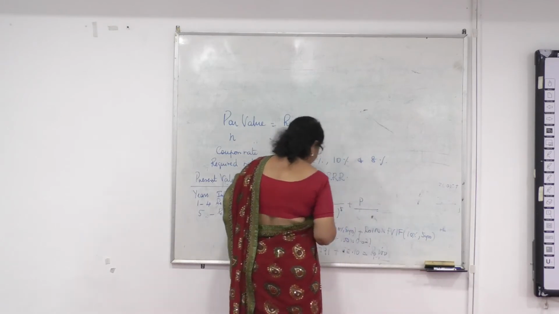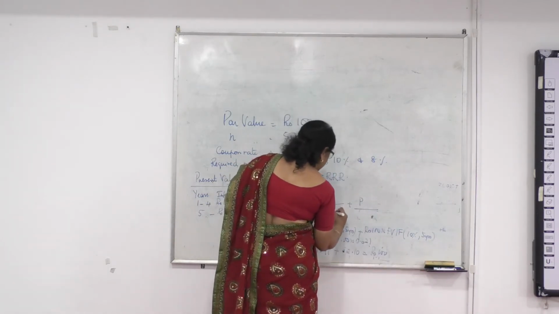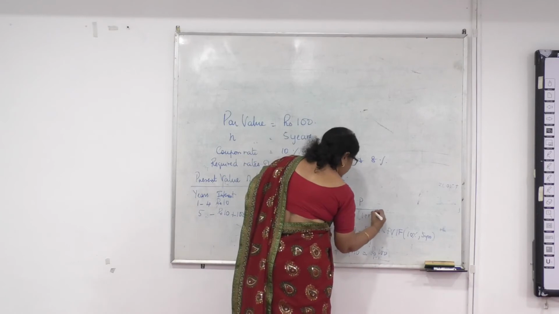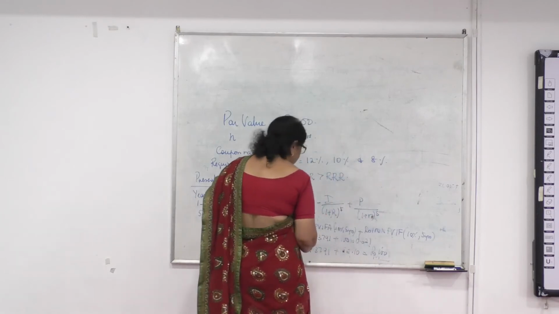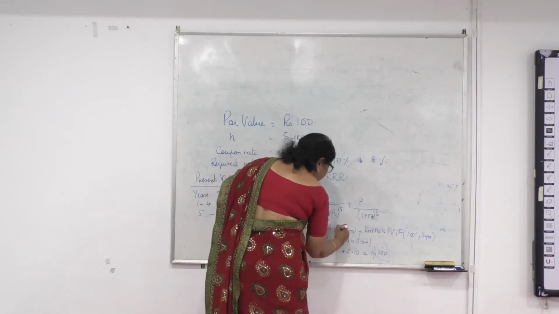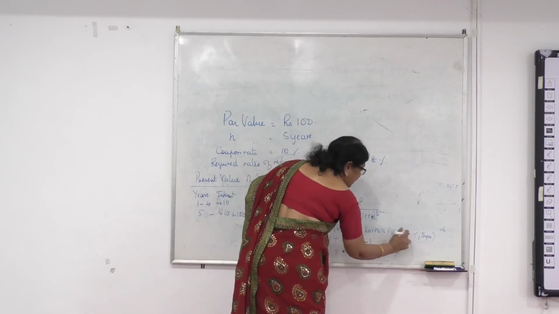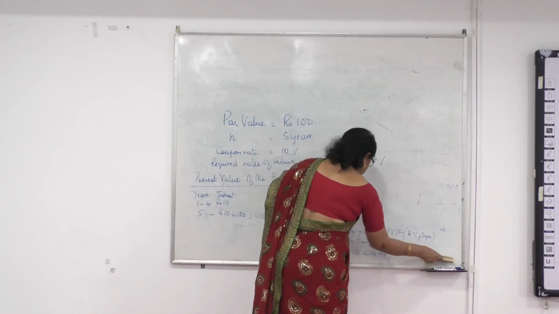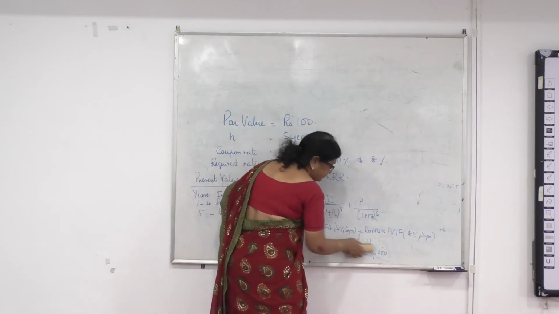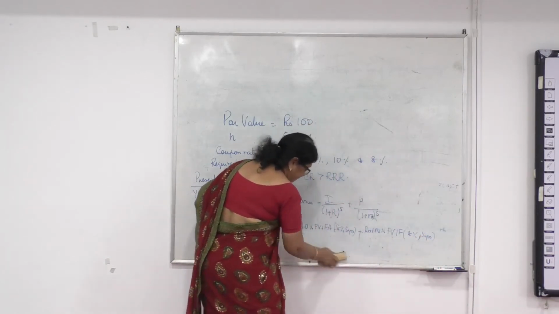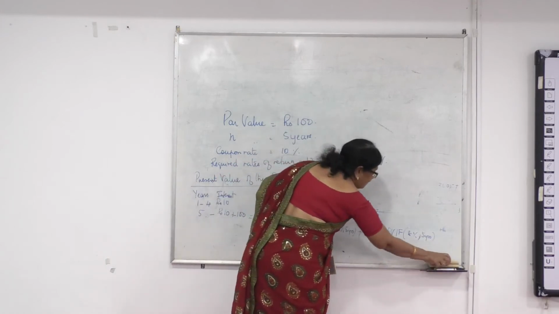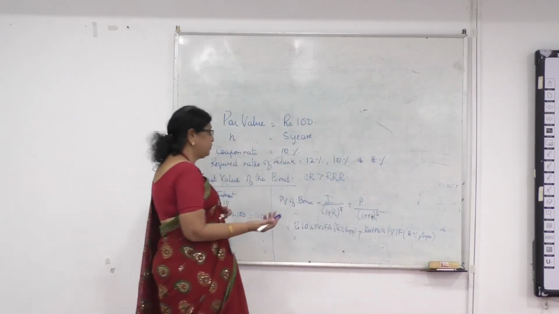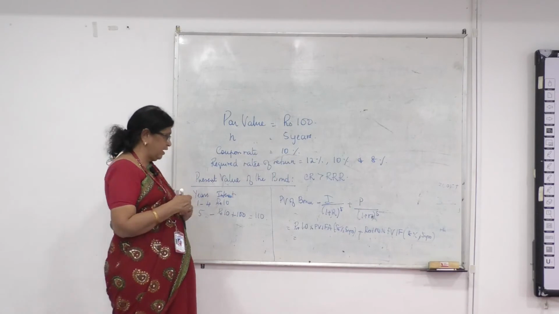This R will become 8%, and here also it will be 8%. So let's rework and find out the value of this bond. We should get an answer which is more than 100.